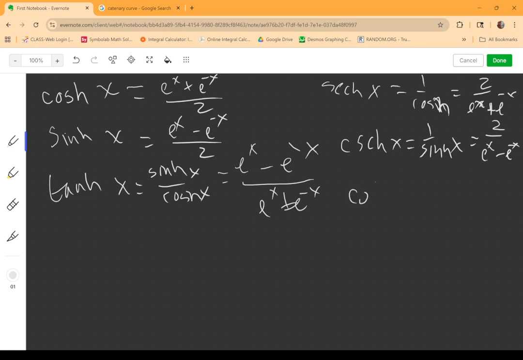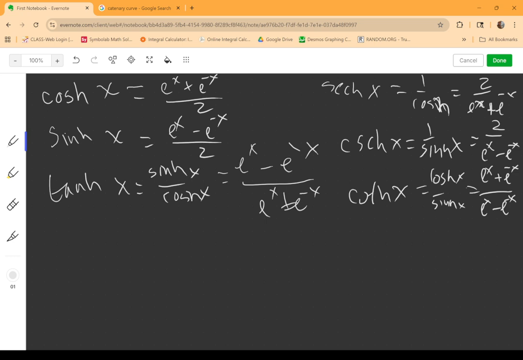And then our hyperbolic cotangent of x is cosh x over sinh x, or 1 over the tangent. So that is e to the x plus e to the negative x over e to the x minus e to the negative x.